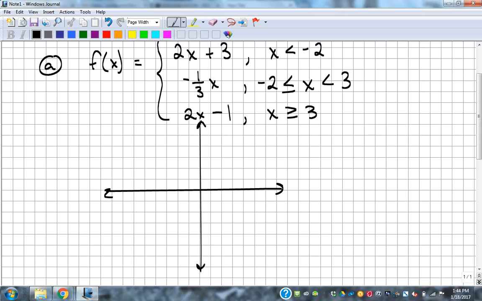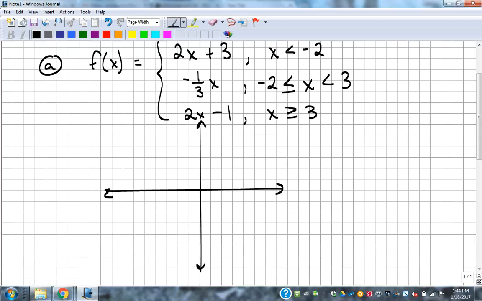So let's look at this first one. The first piece is 2x plus 3 when x's are less than negative 2. So what it's saying is we're only drawing that graph when x is less than negative 2. So what we have to find with each piece are the important points.